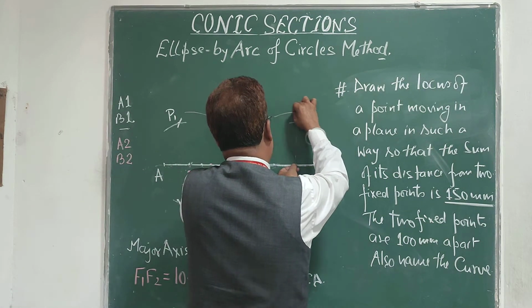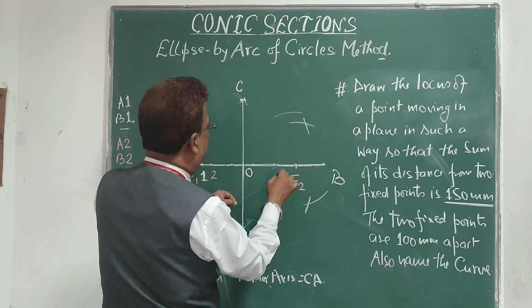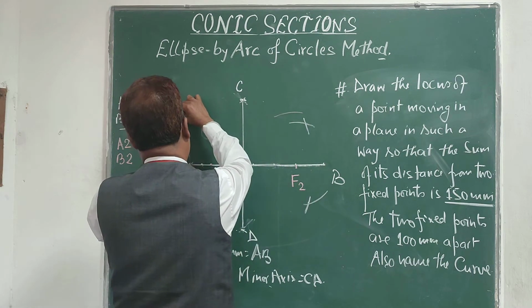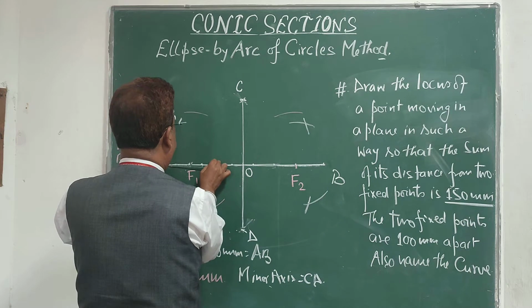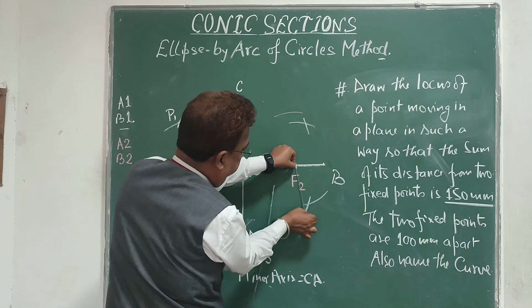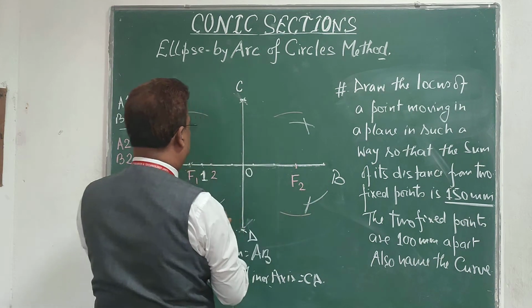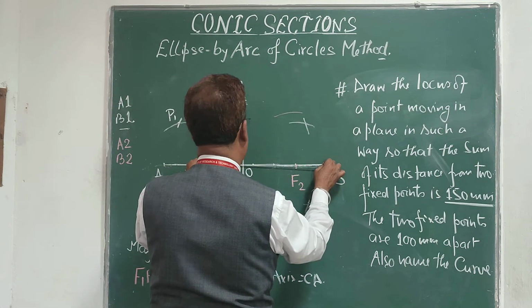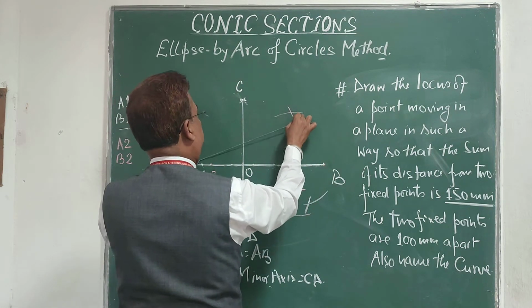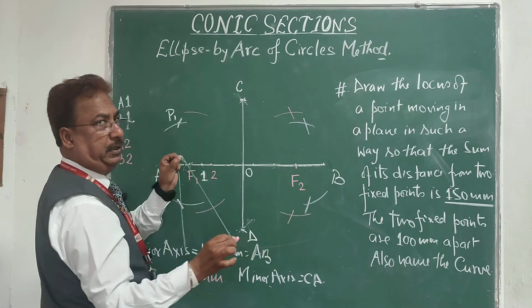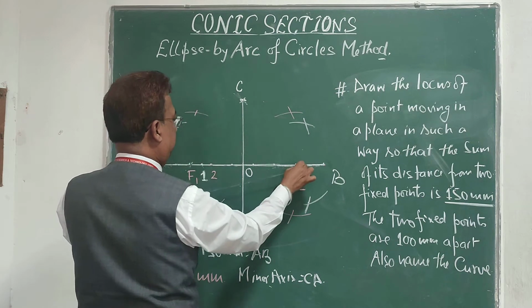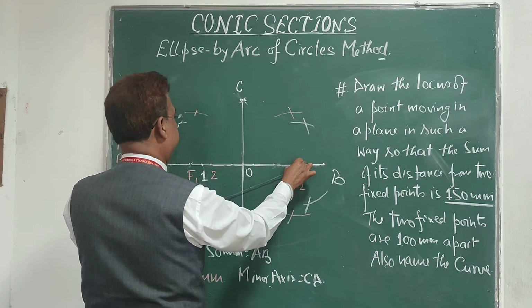With F2, one arc upside and one arc downside. Then next, B2 as radius, from F1 cut on the right side, from F2 cut on the left side.